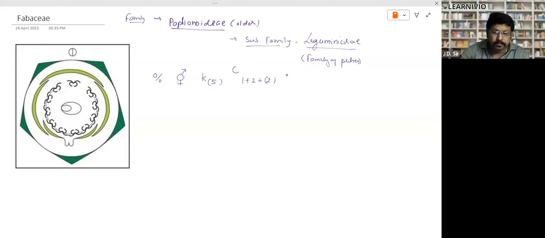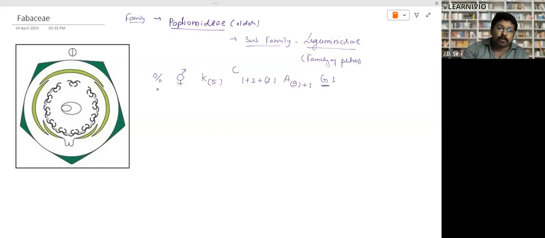And androecium 9 gamo, gamo means united, plus 1 free. And what about the gynoecium? Gynoecium is 1, ovary superior, right?